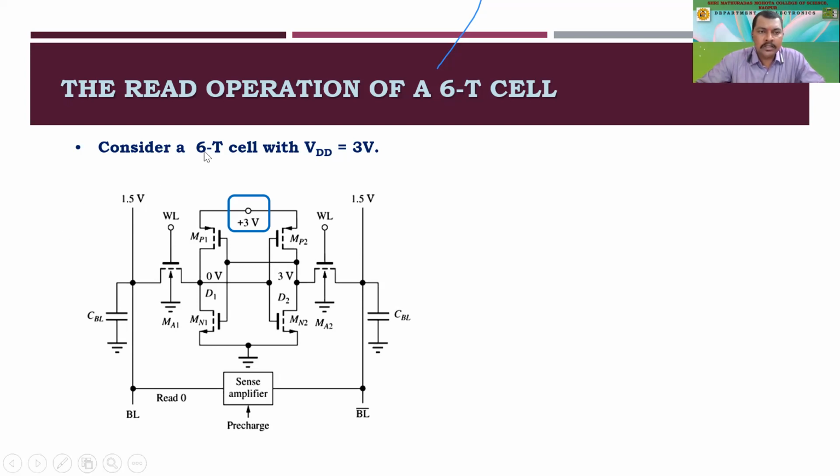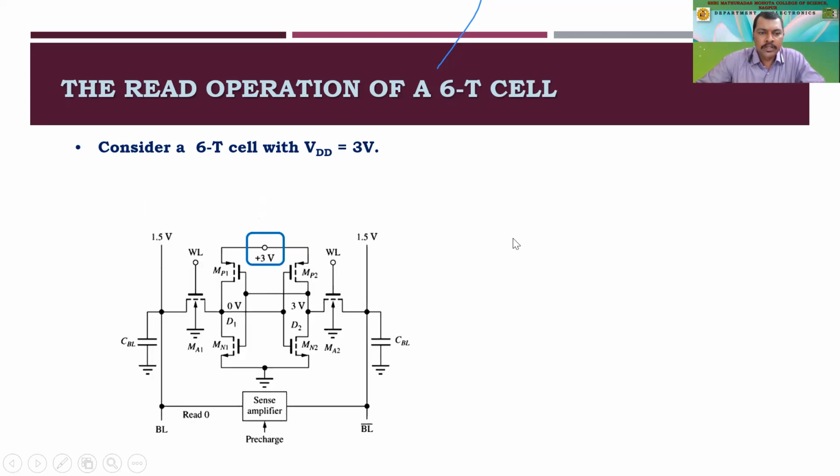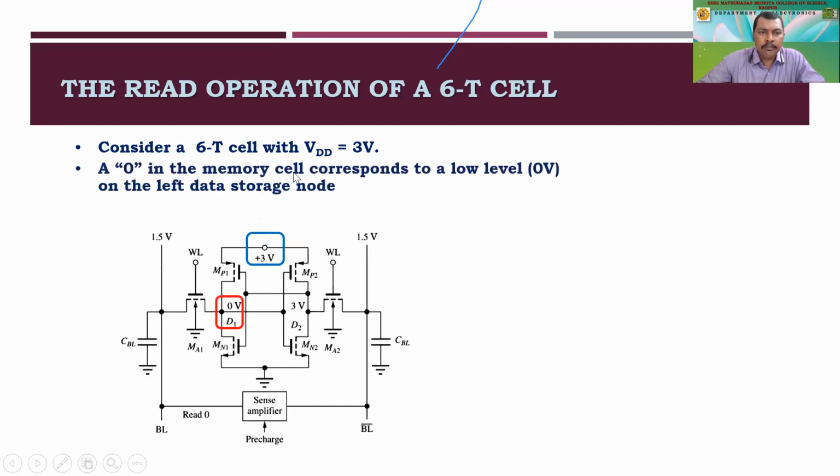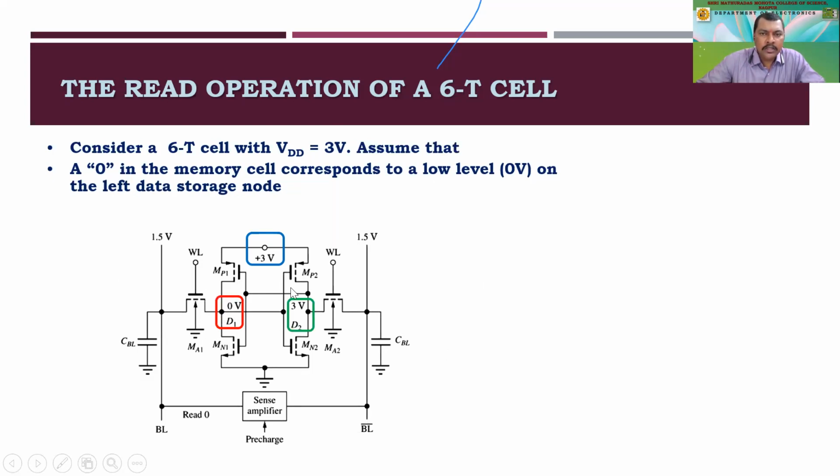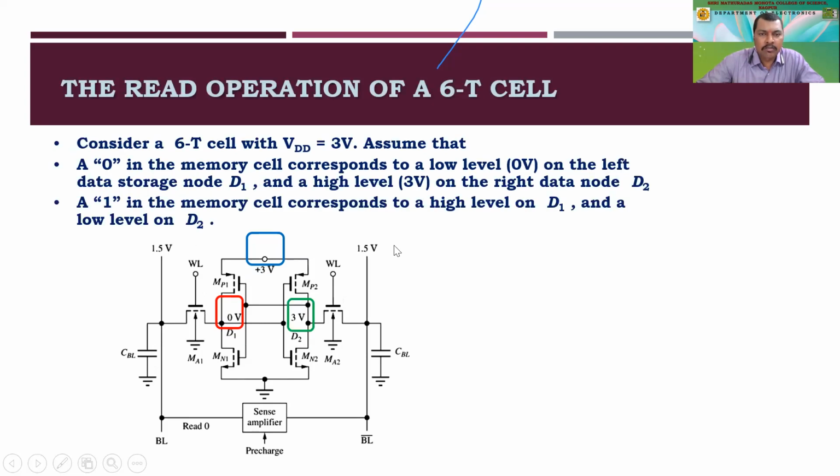So now let us consider this 6T cell with VDD equal to 3 volts. So here we are applying this 3 volt VDD, and a zero in the memory cell corresponds to a low level, 0 volt, on the left data storage node. So if you apply zero over here, this zero will come across this point at the left hand side, and accordingly, if it is zero, then what will appear? It will appear as 3 over here. Why?